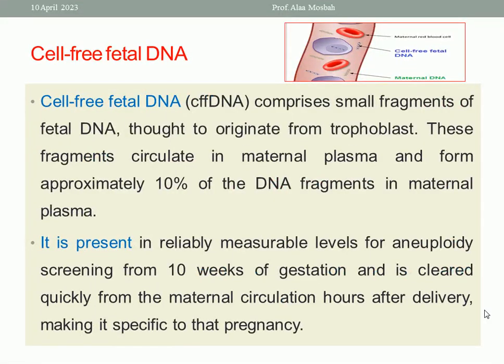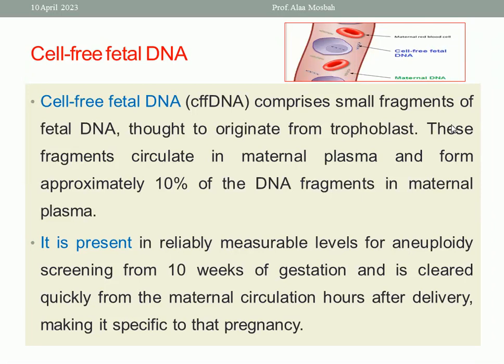Cell-free fetal DNA comprises small fragments of fetal DNA thought to originate from trophoblast, like this one, cell-free DNA, this one. Okay, these fragments circulate in maternal plasma and form approximately 10% of DNA fragments in maternal plasma. It is present in a reliably measurable level for aneuploidy screening from 10 weeks.